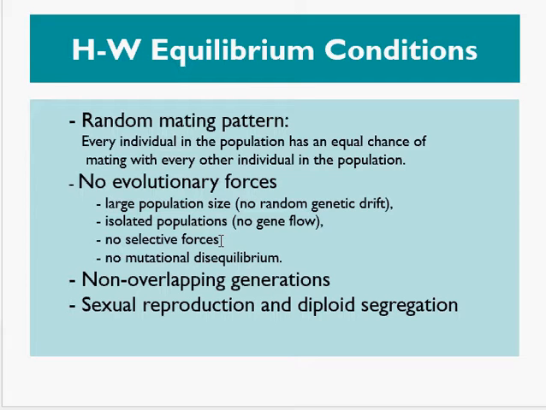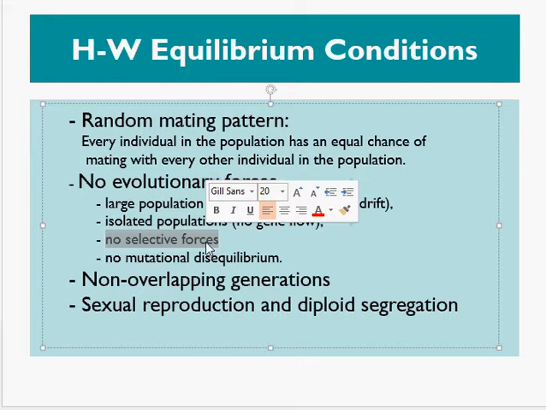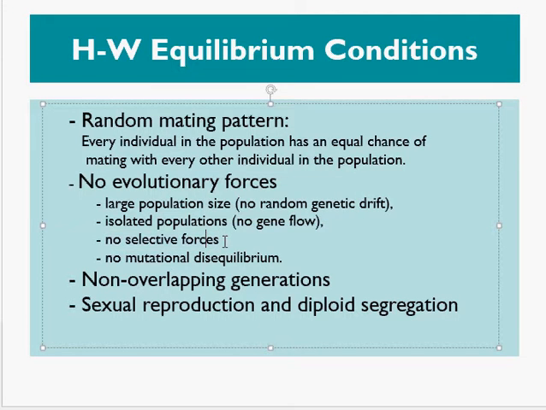Now, this is fairly rare. I would say that practically every population is going to have some selective forces acting on it. And finally, there is no mutational disequilibrium. In other words, theoretically there are no mutations occurring in that population which introduce new alleles.